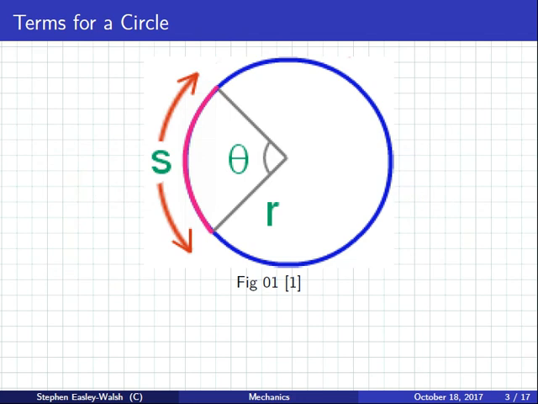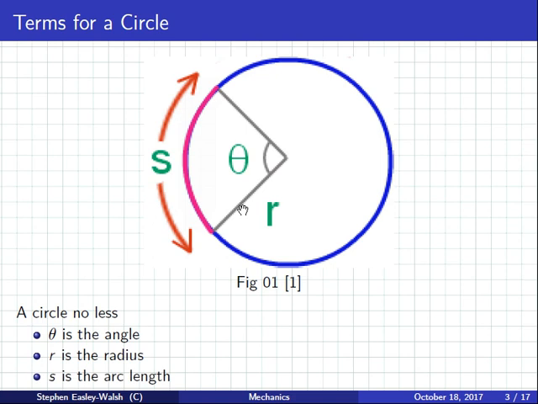So, who knows what the R is called? Radius, yeah. And the theta? The angle. But the S? Not quite, because circumference is the whole thing. There's one word for that. Yes, arc. So, a circle. Theta is the angle, R is the radius, and S is the arc length.